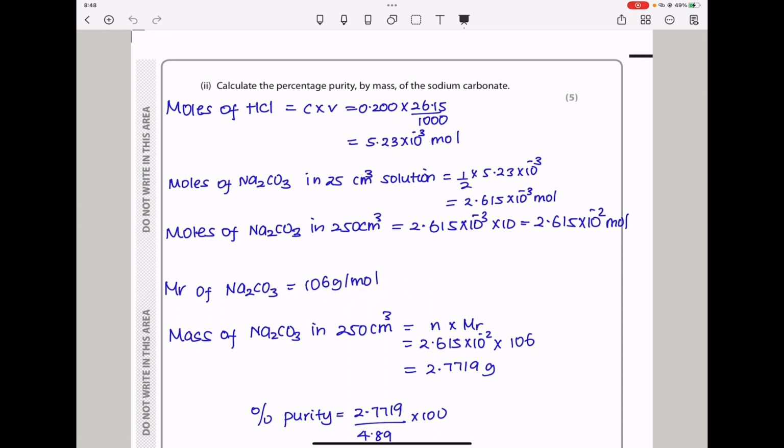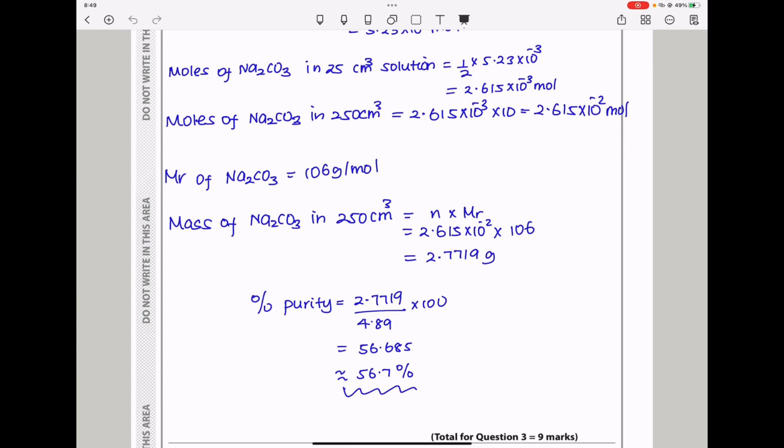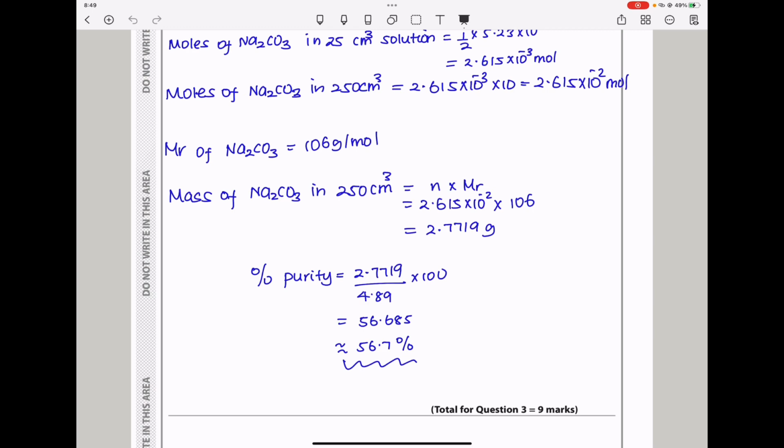So finally, to find the mass in 250 centimeters cubed, it's going to be the number of moles times the molar mass, which gave me that times 106, and I got 2.7719 grams. And the percentage purity should be the mass of the actual sodium carbonate in 250 divided by the mass of the solid that was dissolved times 100, which gave me 56.7 if rounded off to 3 significant figures. So this brings us to the end of question 3. Let's continue to question 4.